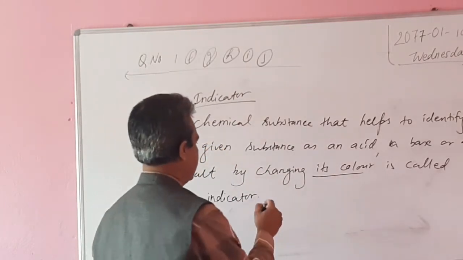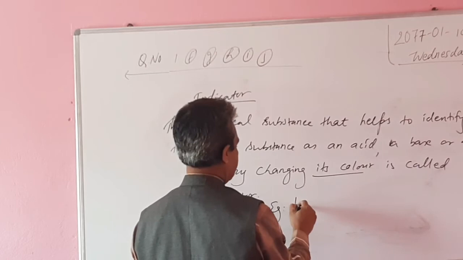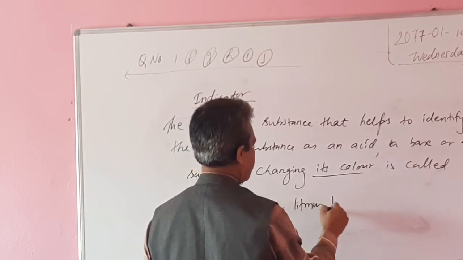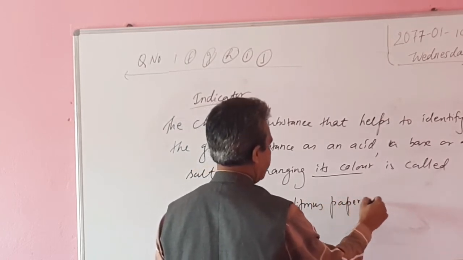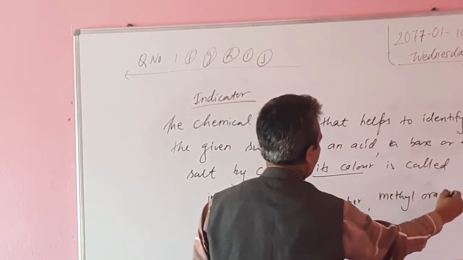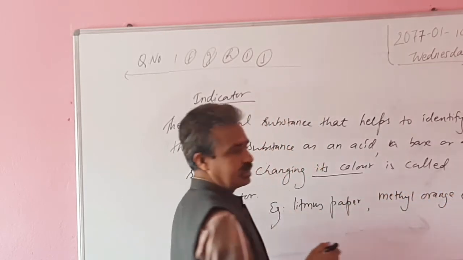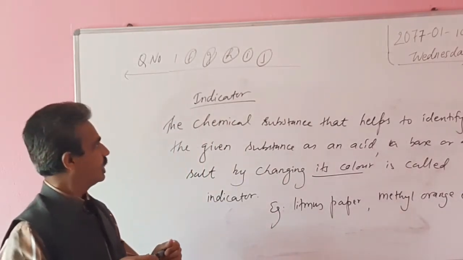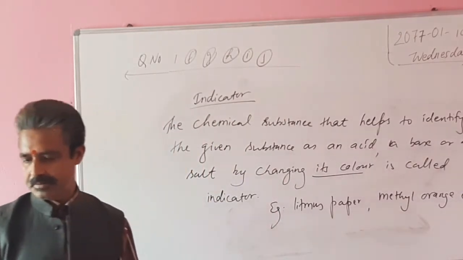The chemical substance. Examples: litmus paper, methyl orange, phenolphthalein are also examples of indicators.